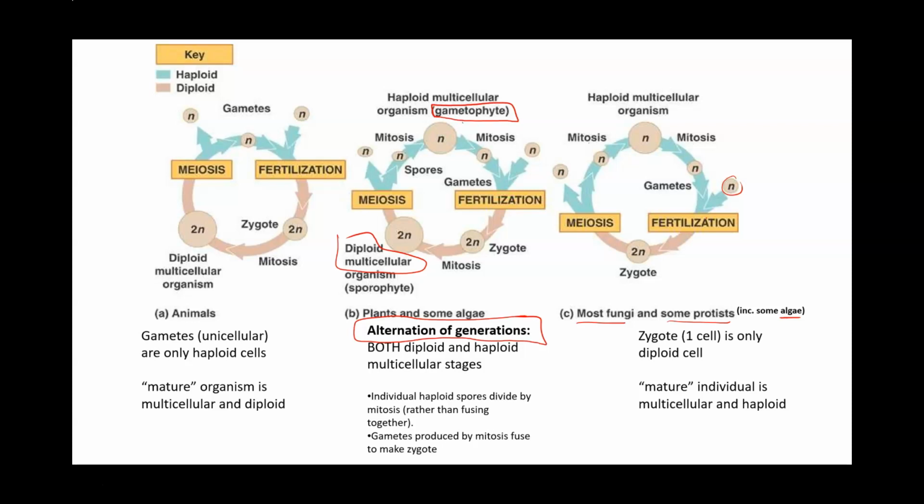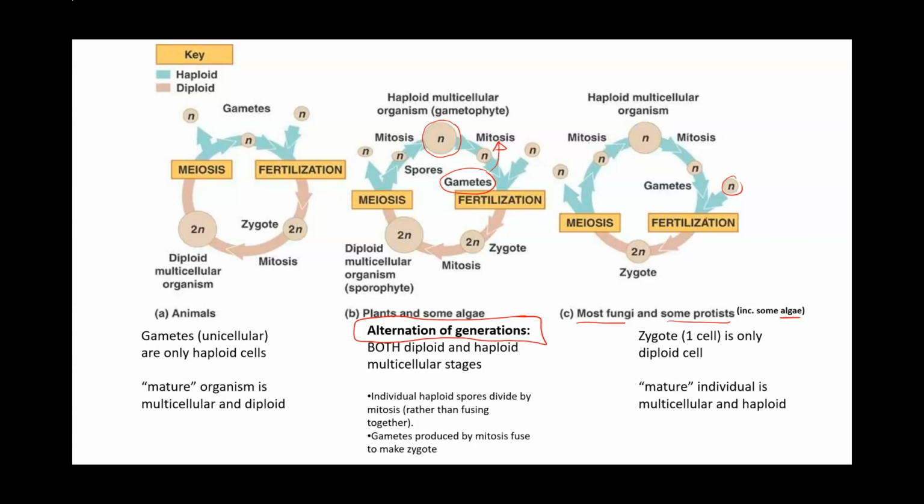Gametophytes make gametes. Right? The diploid multicellular phase of this organism's life is known as a sporophyte, and sporophytes make spores. And the way this life cycle works is that you begin with a haploid multicellular individual known as the gametophyte. It produces gametes by mitosis.